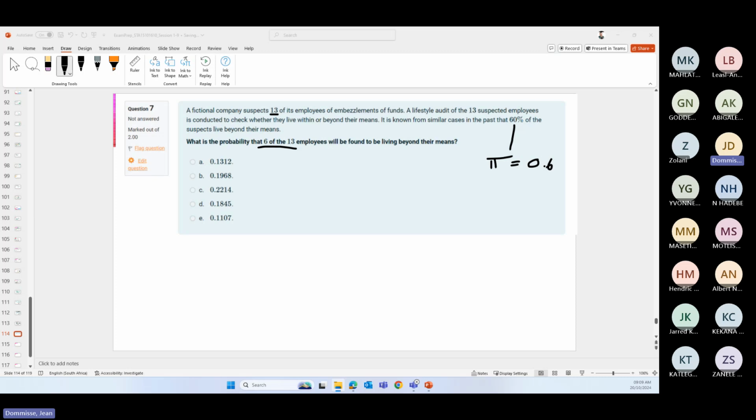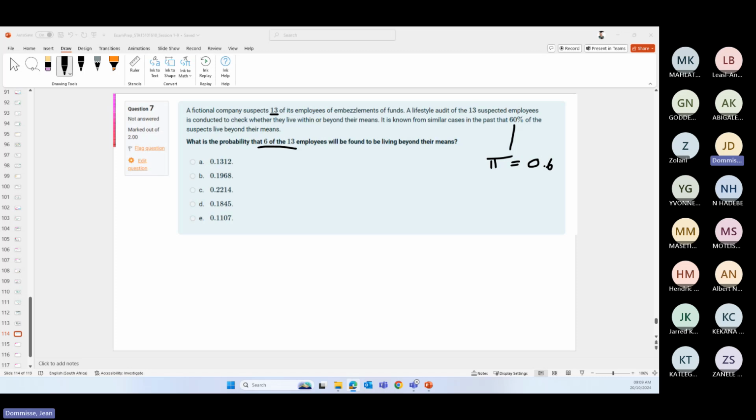So on the table, I don't think n equal to 13 is there. So for both 16 and 15, that is not something that they will ask you in the exam.